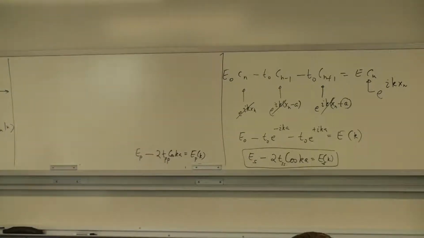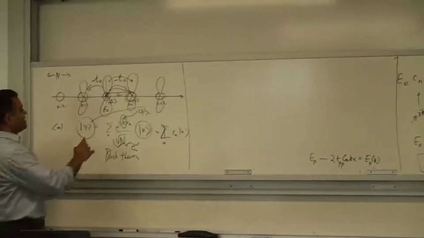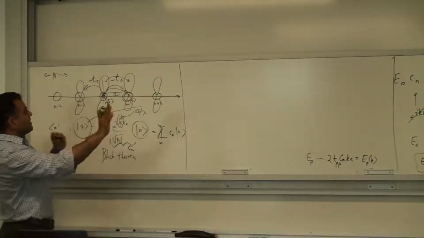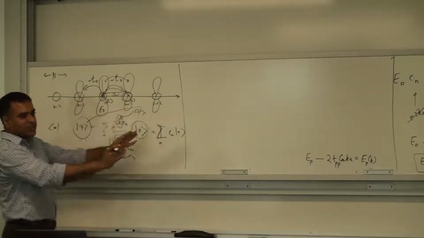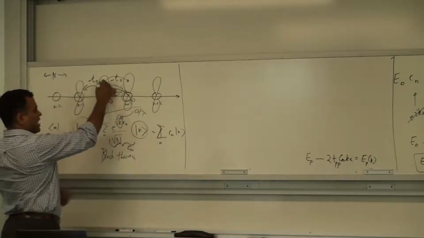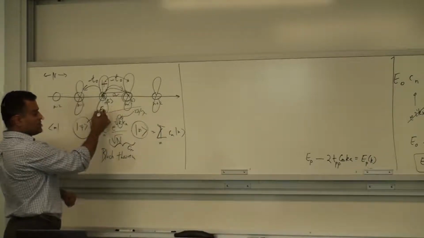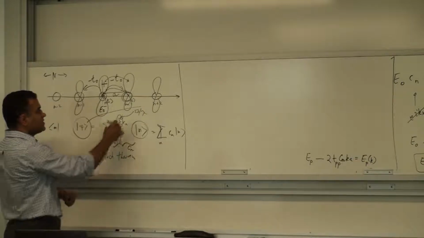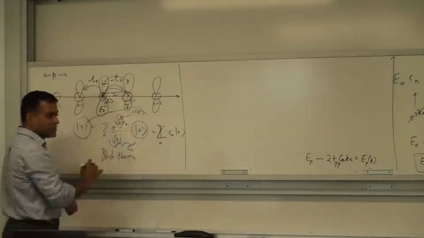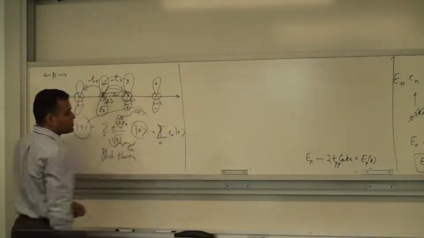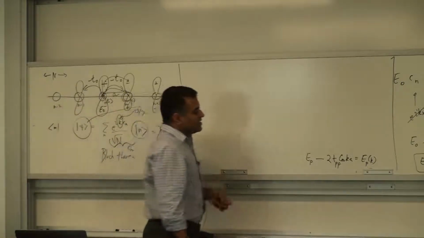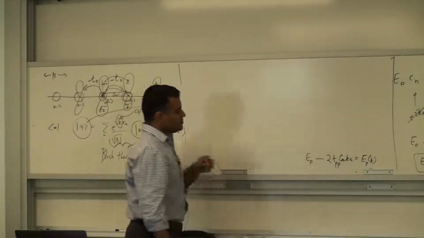One of the things that happens with P orbitals is, this is just an example, and most of the times this is what happens. P orbitals have nodes, plus, minus. Then the next one is typically minus, plus, and plus, minus, and so on.